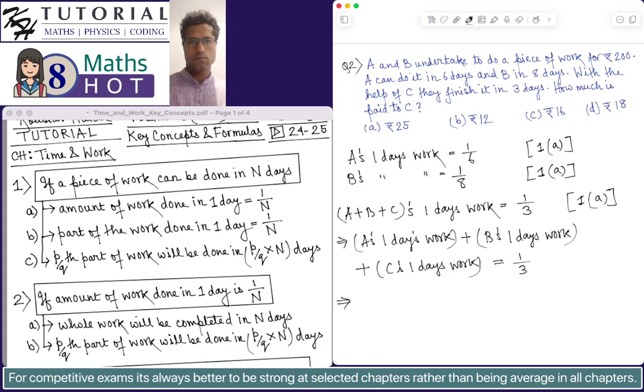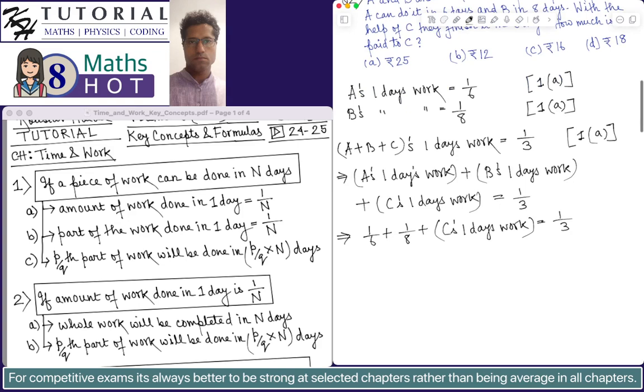So we have this. Now we already know A's 1 day's work and B's 1 day's work. If we substitute the values, we get 1 by 6 plus 1 by 8 plus C's 1 day's work is equal to 1 by 3. From here, 1 by 6 plus 1 by 8 is equal to 7 by 24, plus C's 1 day's work equals 1 by 3.